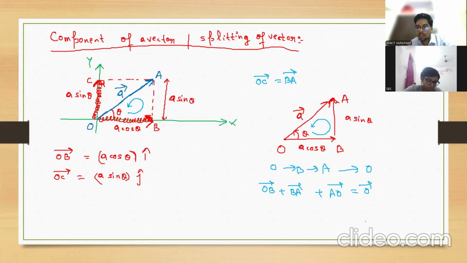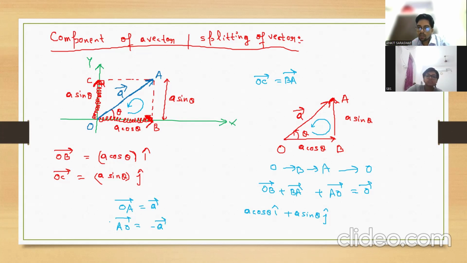That's why I have written 0 vector. 0 vector is displacement. Clear? Now how to write OB vector? A cos theta, direction is I cap. BA vector, A sin theta, direction is J cap. Then AO vector. AO vector I need. But what is given? OA vector. OA vector is A vector. I need AO, so you will take the negative of this, minus A.